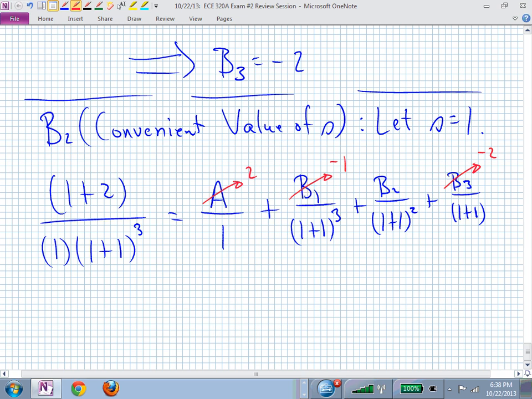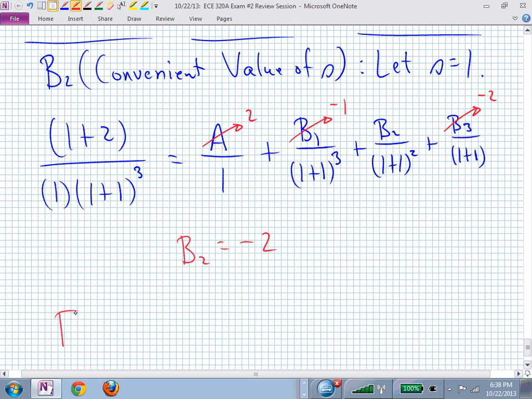Is it clear now? The only thing left to do is solve for B sub 2. And it's not too difficult. So that now I have my partial fraction expansion. I now have capital F of s. Who knows what I have?